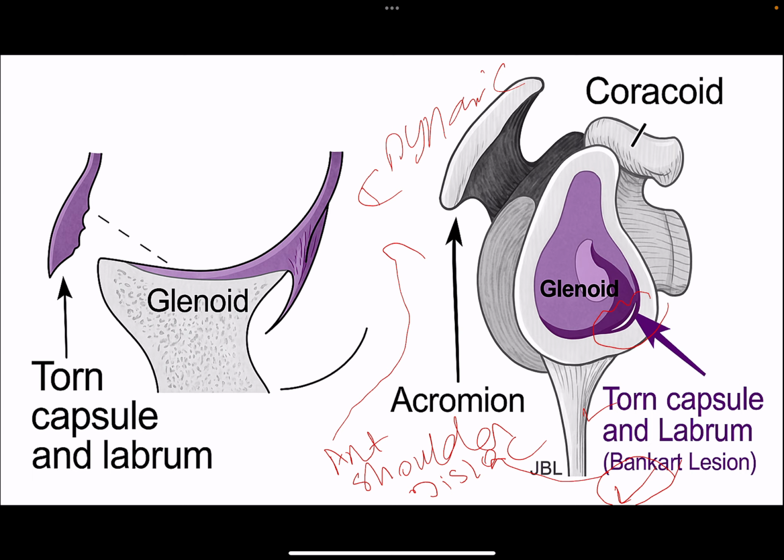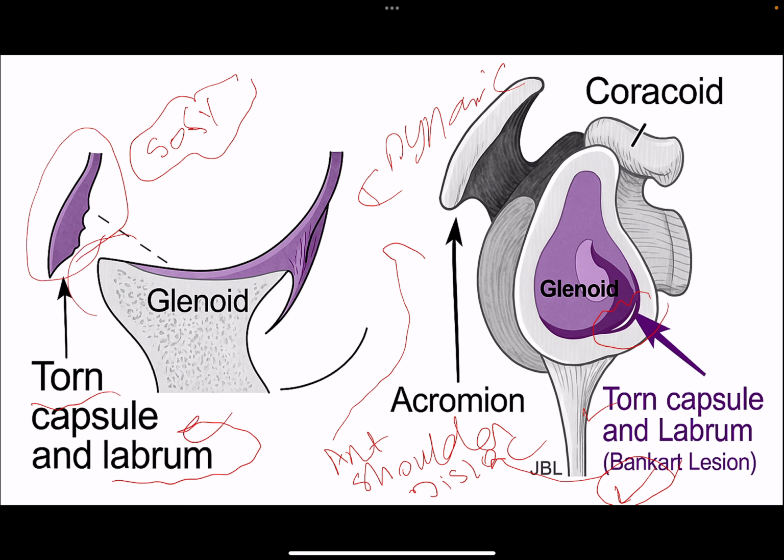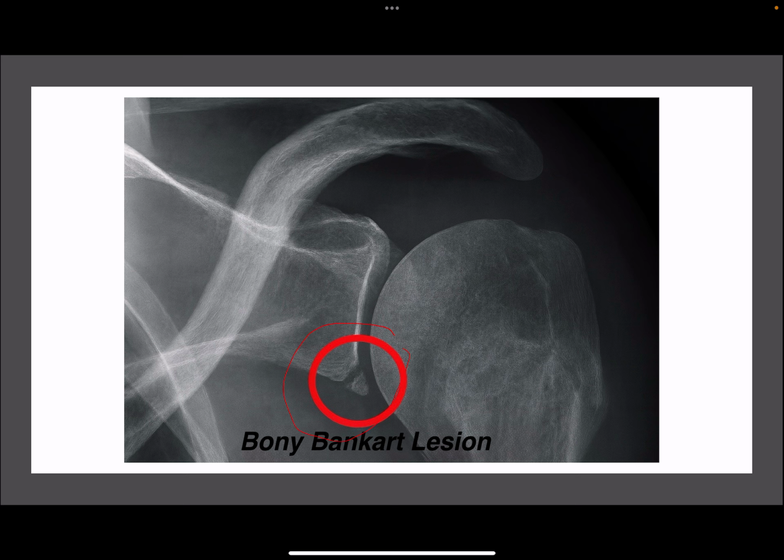instability. The Bankart lesion has two types. The soft one, which we discuss now, is a tear in the labrum, then capsule, and the detachment of it from the glenoid. The second type, bony Bankart lesion, is detachment of the bone itself in the same place, the anterior inferior glenoid cavity, sorry.